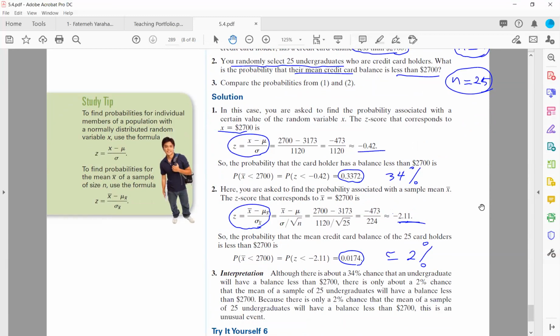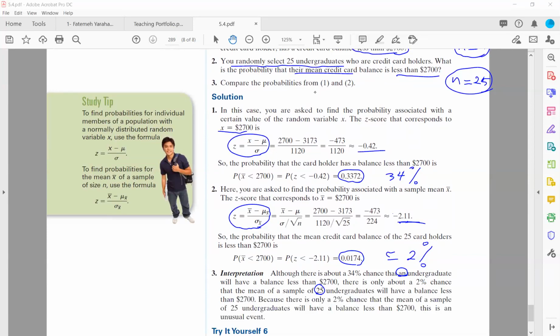So let's take a look at the interpretation. Although there is about a 34% chance that an undergraduate, just one undergraduate, will have a balance less than $2,700, there is only about a 2% chance that the mean of a sample of 25 undergraduates will have a balance less than $2,700.